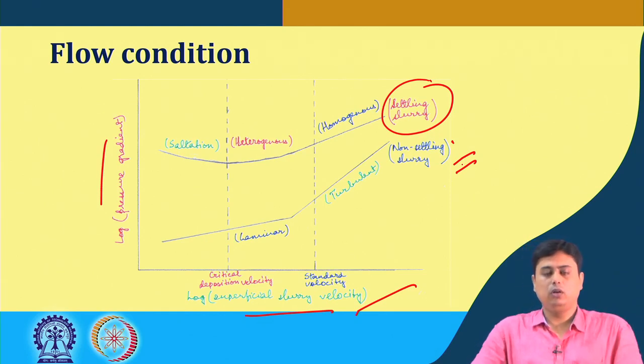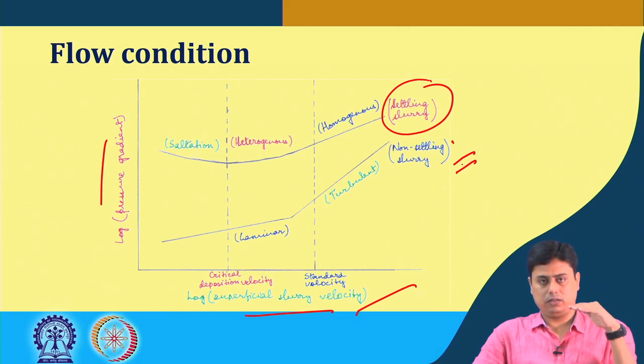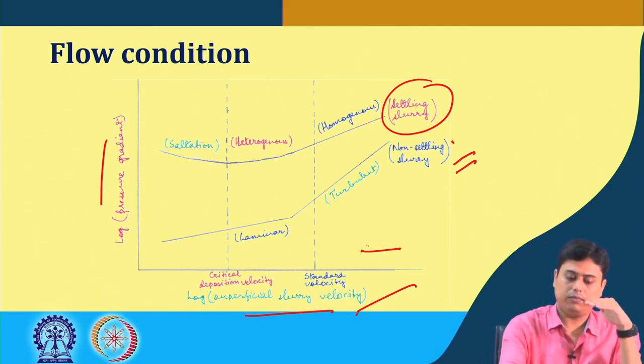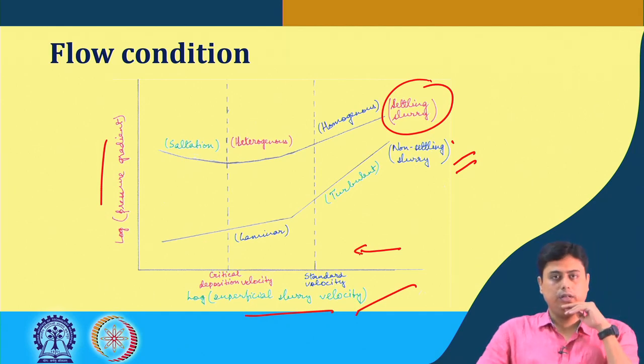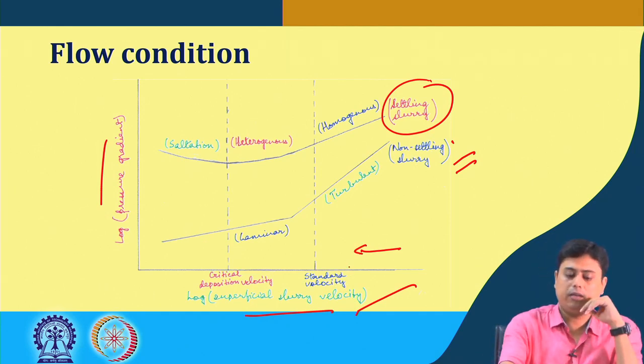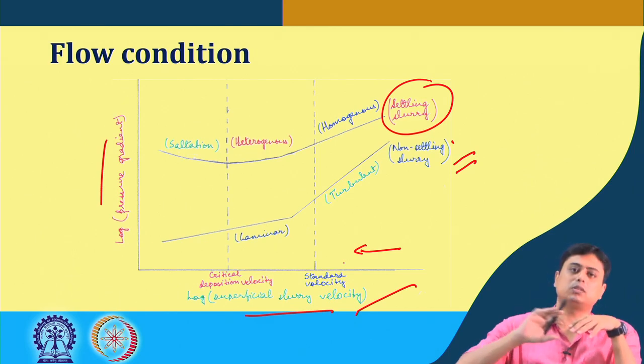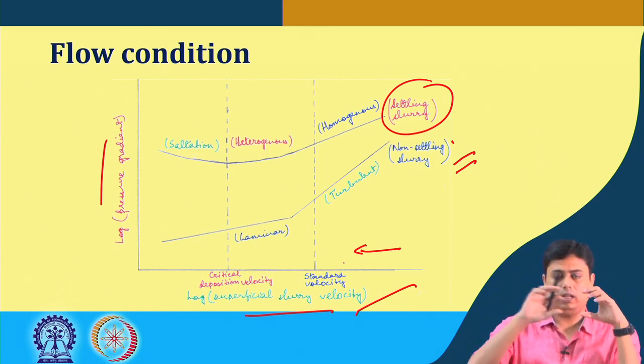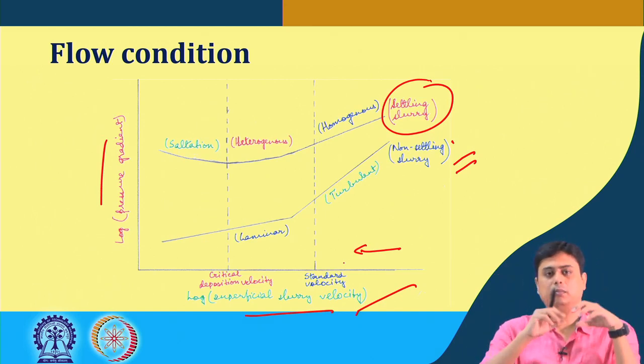By now we know settling slurry means the particles settle at the bottom. In such a case, say the flow is happening. Now we start at a high velocity. Say at first we have a very high velocity and the slurry is moving. There is a bulk motion of the liquid, and at the bottom there is a moving bed of the settled particles.